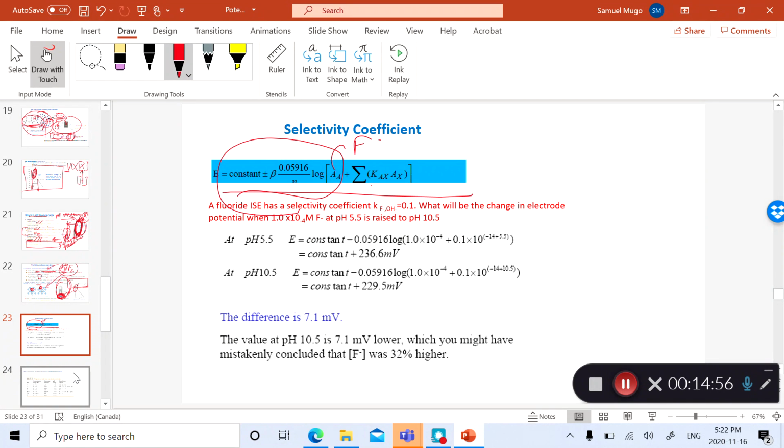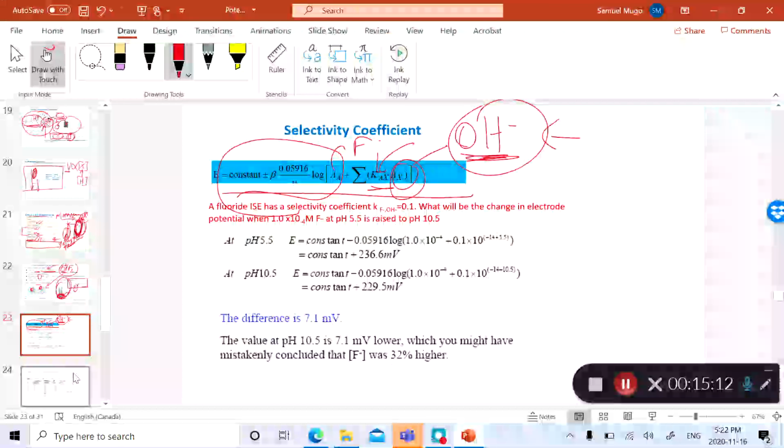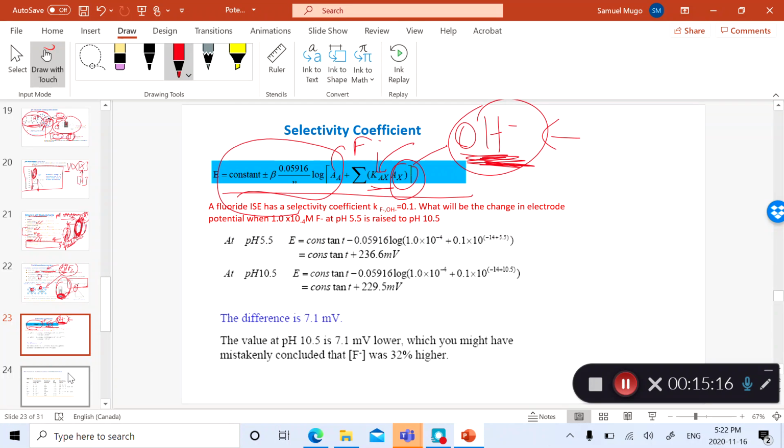But we've already said, this is the selectivity coefficient, and this is the concentration of the hydroxide or the interfering species, okay? Which in this case will be hydroxide because, like I said, the fluoride crystals tend to interfere with the hydroxide as well.